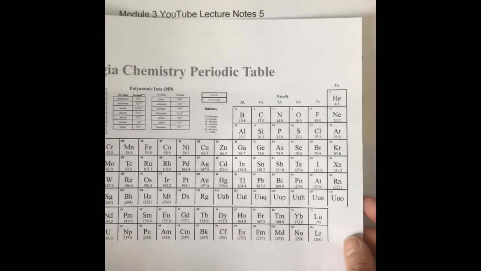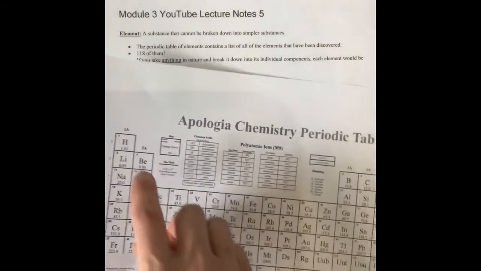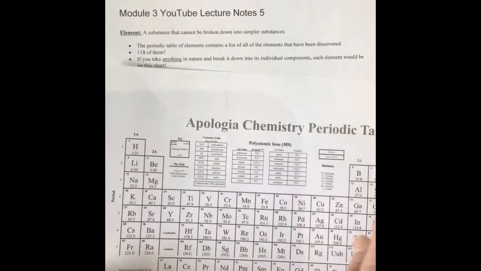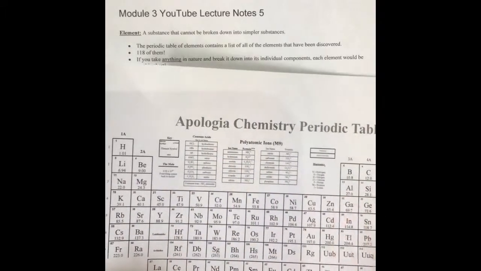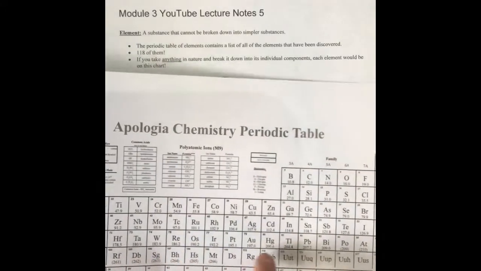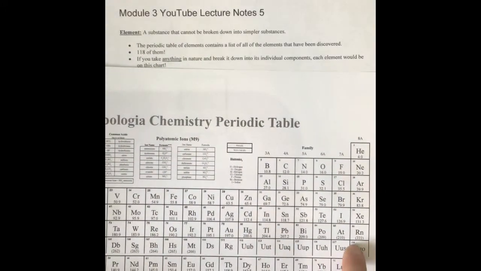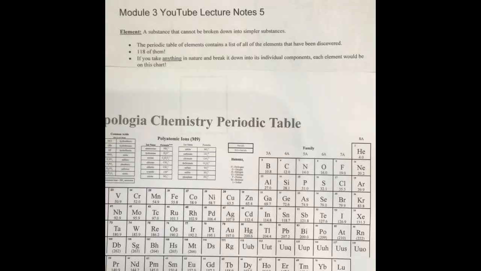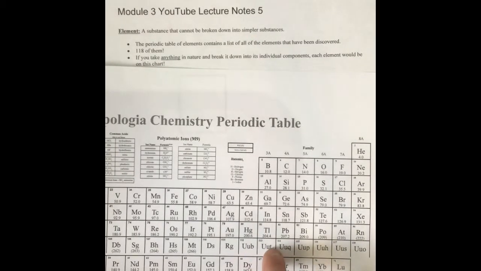If you look at your table, you can see that it starts at element number 1 and it kind of zigzags down like you would read a book, and element 118 is right here. New elements are discovered every year, and it's kind of cool to look up their names and how some of these most recent elements that have been discovered have been named.